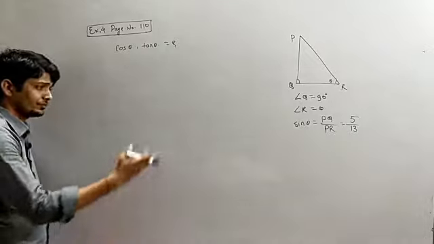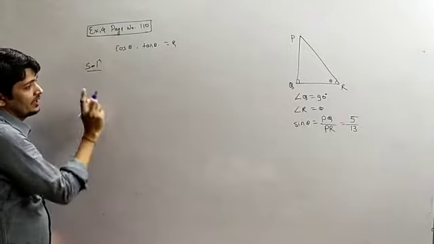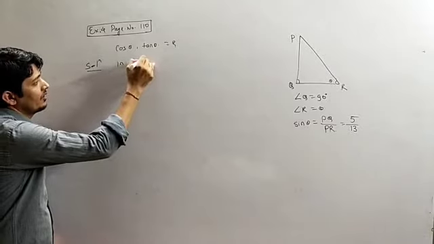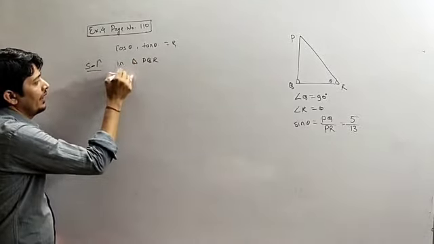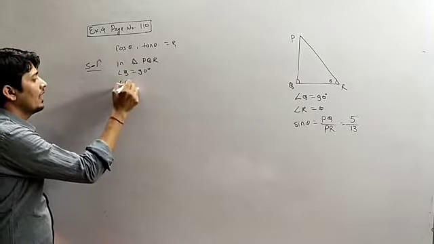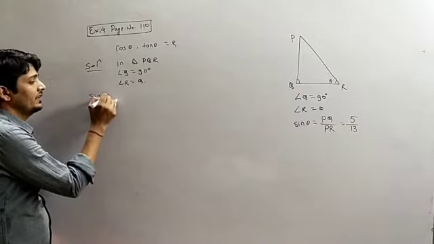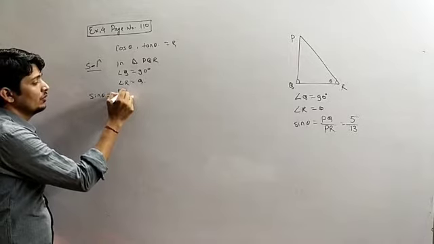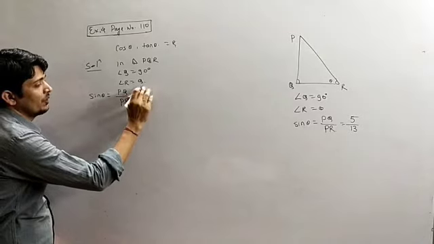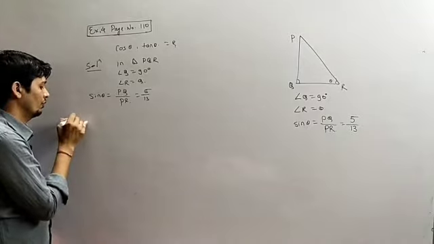Okay. So the information given as solution: in right angle triangle PQR, angle Q equals 90 degrees and angle R equals theta, and given sin theta equals PQ divided by PR, which equals 5 divided by 13.